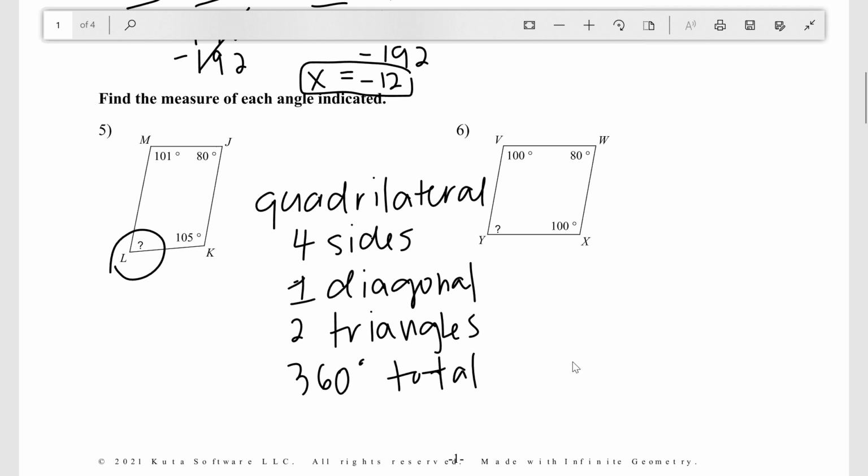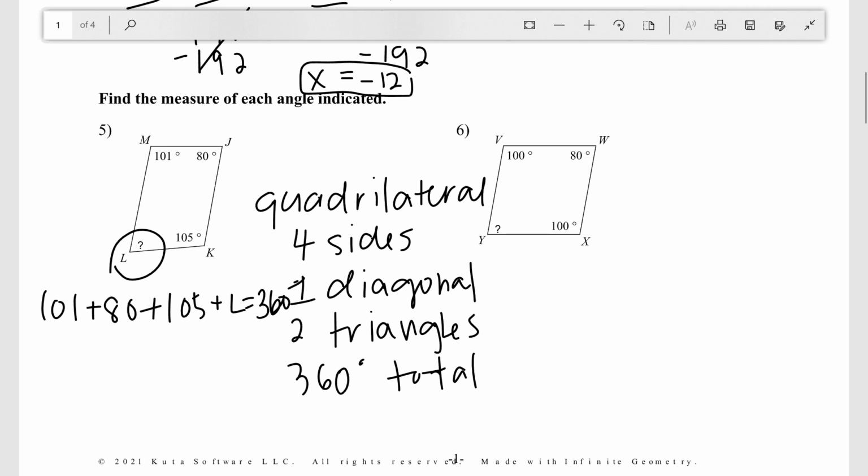Okay, so with that knowledge, that means I can take 101, add it to 80 degrees, add it to 105, and let's call this angle L since it is angle L. If I added it to L, I'd get 360 degrees. Okay.